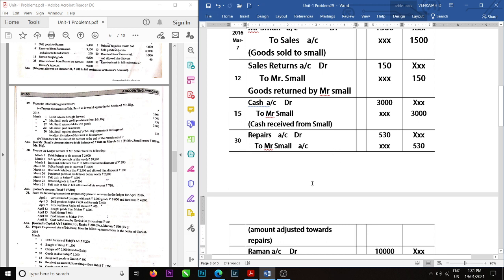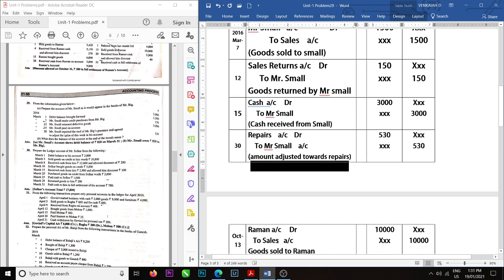Amount adjusted towards repairs. Okay, transactions are over.